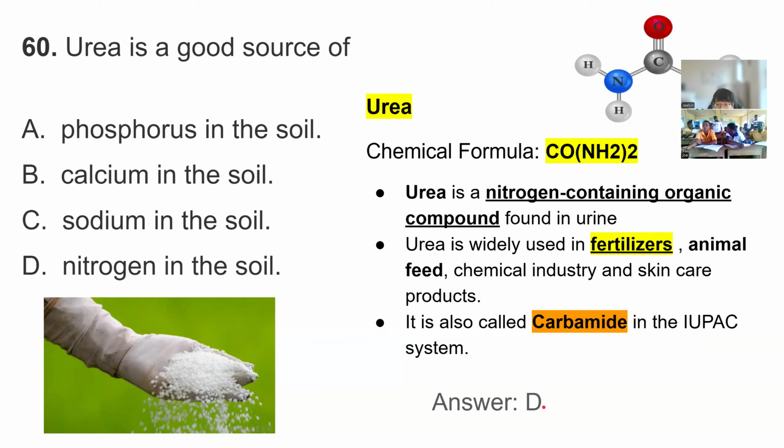Urea is a nitrogen-containing organic compound used in fertilizers. You can see here a farmer using urea as a fertilizer to make the plants grow faster.